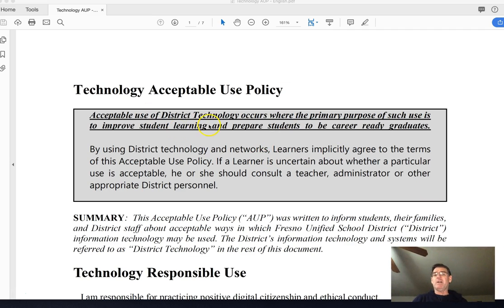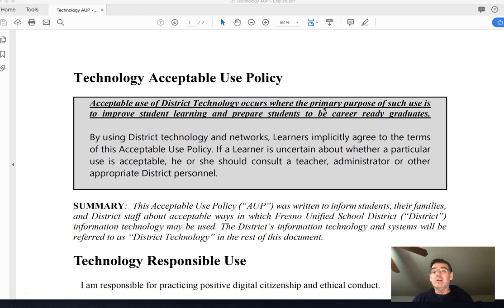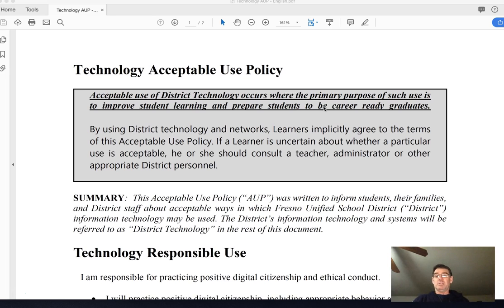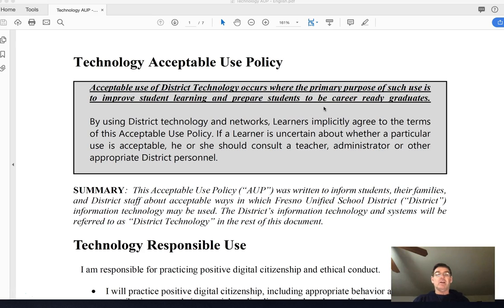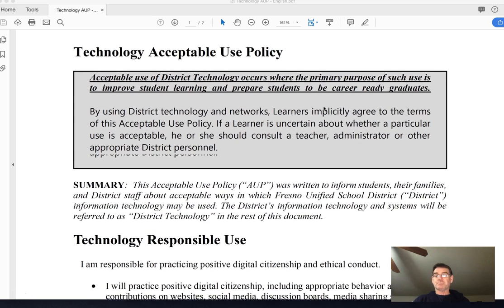So I have it up here. It's the technology acceptable use policy. That's its title. You sign it every year when you come to school. It's in the packet that you receive. It goes home to show your parents.